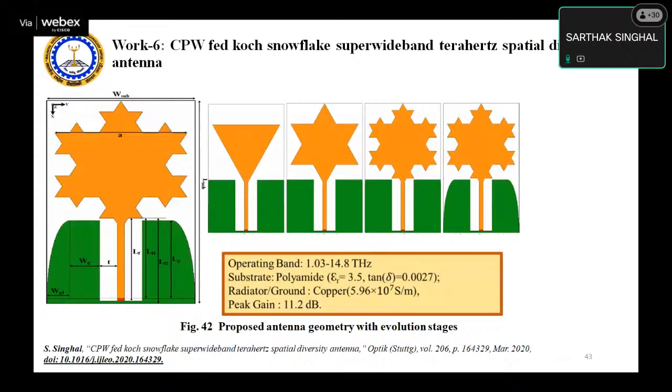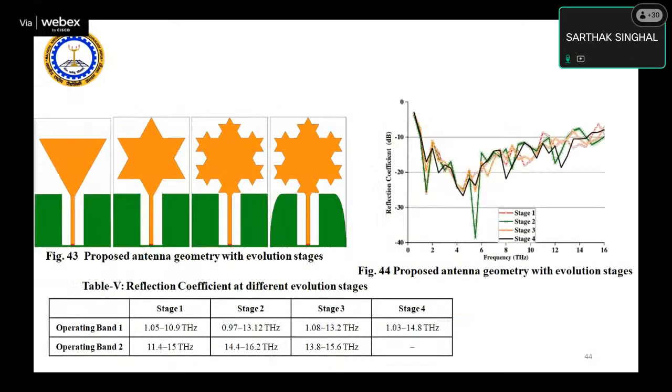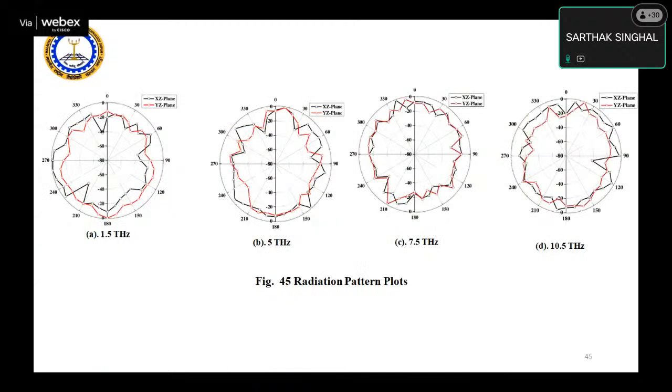Then in another work, we talked about this CPW Koch snowflake antenna with spatial diversity. In the case of the single element, a bandwidth of 1 to 14.8 terahertz is covered with a peak gain of 11.2 dB, and the radiation patterns are distorted omnidirectional.